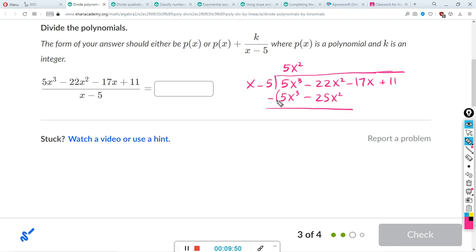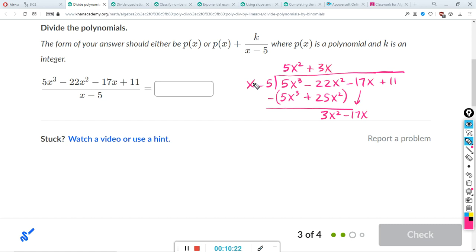Subtract and use parentheses. Okay, this here is 0. And negative 22 minus negative 25, two negatives make it positive. So 25 minus 22 is 3. And we have the x squared. Bring down negative 17x. Okay. What times x is 3x squared? It's a positive 3x.